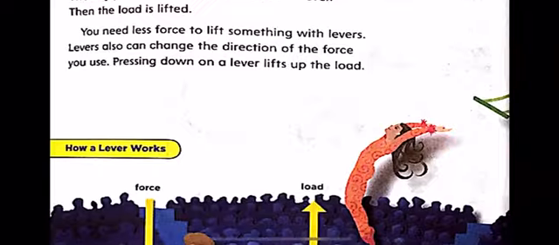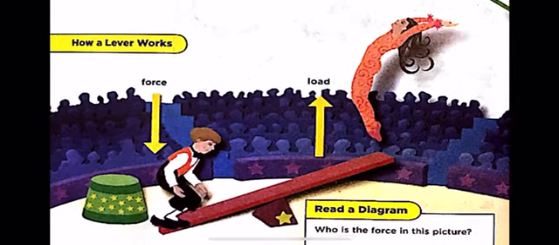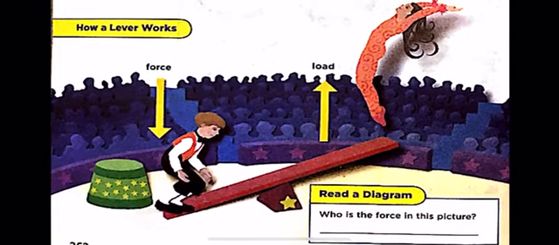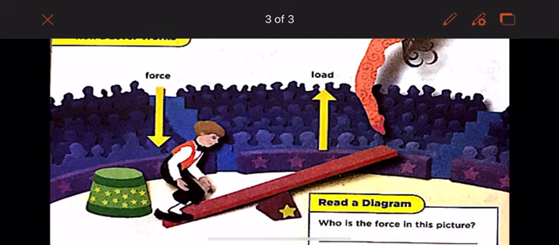Let's have a look here at how a lever works. The girl here is the load in the picture. The boy presses down on his end of the lever. Then the load is lifted.